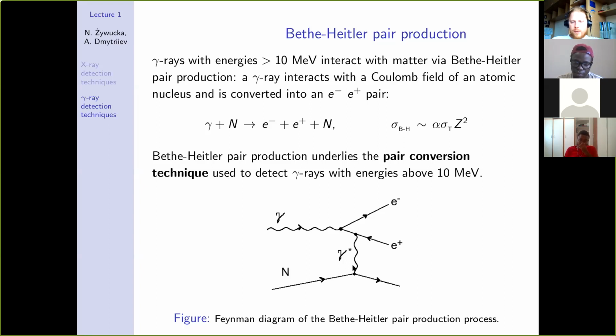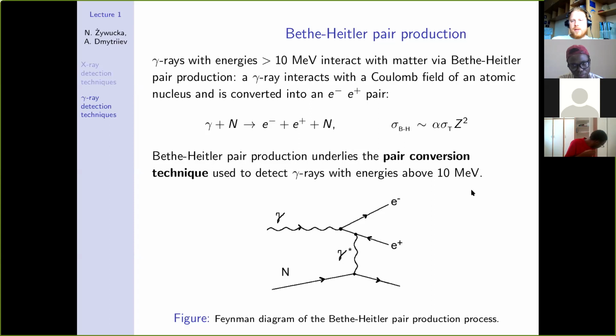But here you have three vertices, so it will be the Thomson cross-section multiplied by one time the fine structure constant, which is 1 divided by 137. So normally the cross-section of this process will be 2 orders of magnitude lower than during Compton scattering.